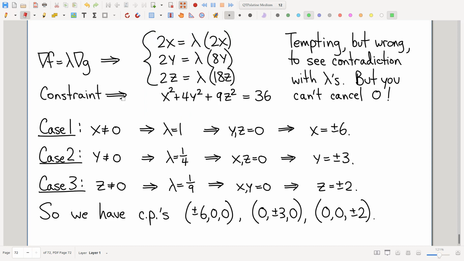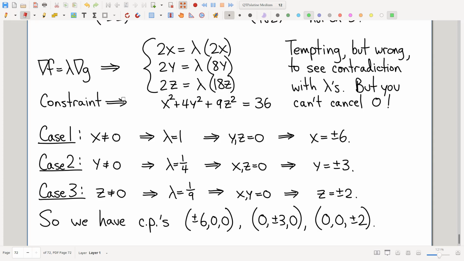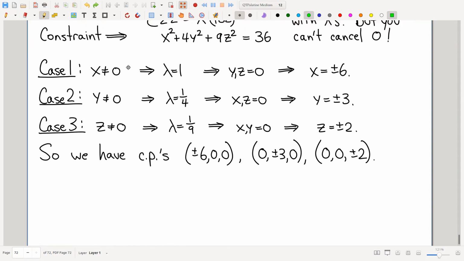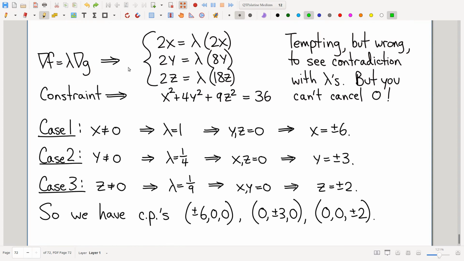I mean, we know all of the variables x, y, and z can't be 0. If they were all 0, it wouldn't satisfy our constraint. So that means at least one of them has to be non-zero. And you just break it down into these three cases.